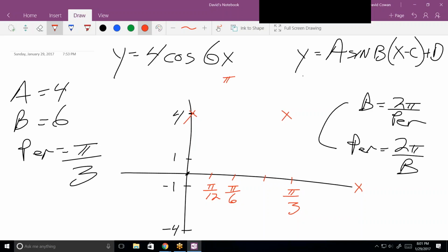Pi over 6 added to pi over 3 is 2 pi over 6. In other words, I do need a common denominator here. That's 3 pi over 6 divided by 2 is 3 pi over 12. That's the same as pi over 4.